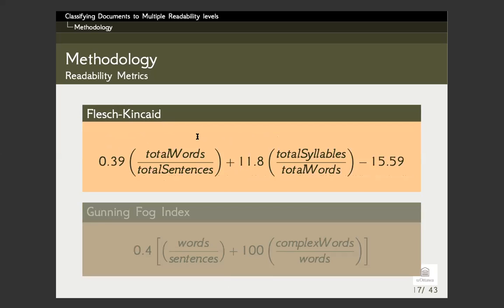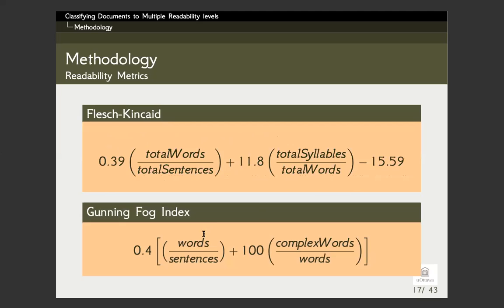For the readability metrics, Flesch and Kincaid use an equation that uses the length of sentences in terms of words and the length of words in terms of syllables. Similarly, the Gunning Fog index equation uses the length of sentences in terms of words, and the number of foggy words, which are the complex words in the text.